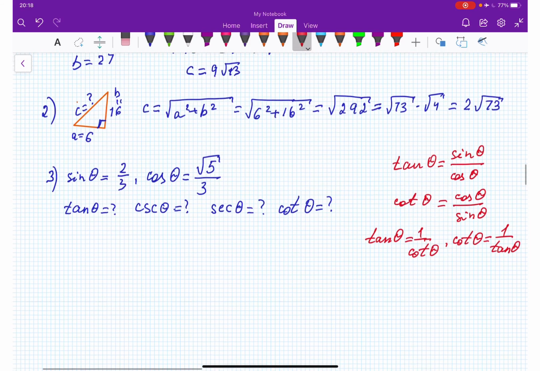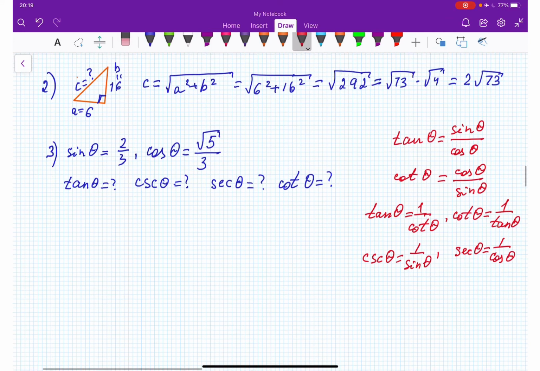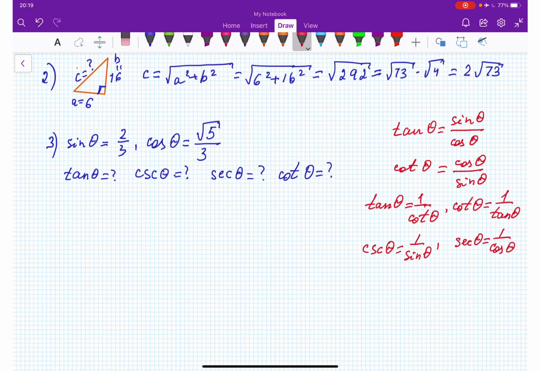Next, cosecant theta is 1 over sine theta. Secant theta is 1 over cosine theta. All right, so far so good. This is good enough. I will add as we need.